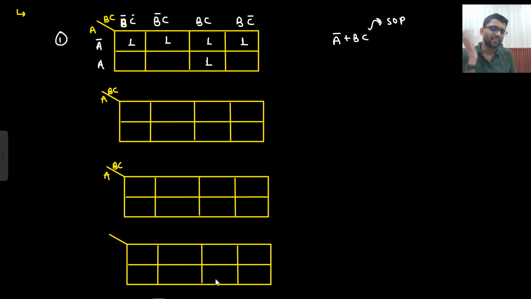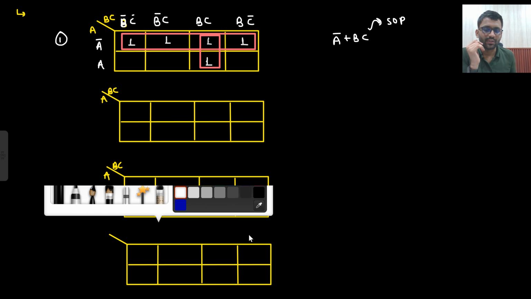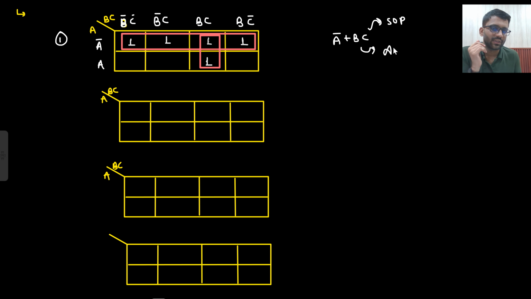BC I can see in these two cells. So what will be the possible grouping? This grouping and this grouping. So this is already reduced. That means this will be the reduced Boolean expression. We cannot do further reducing.